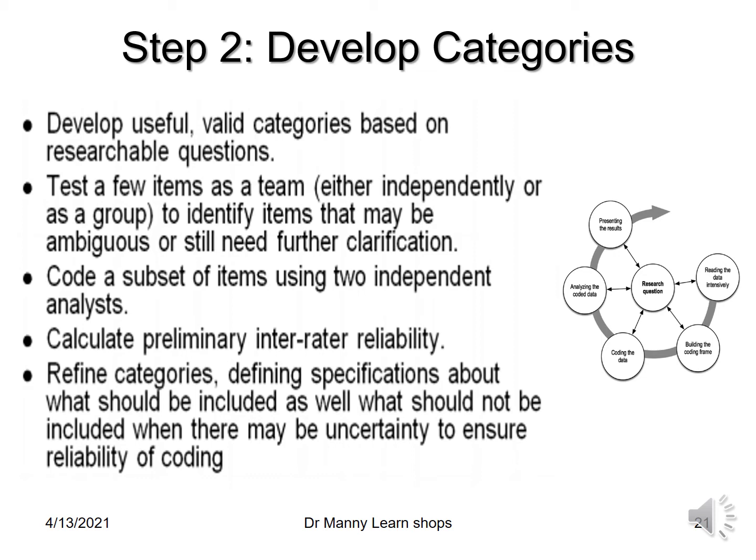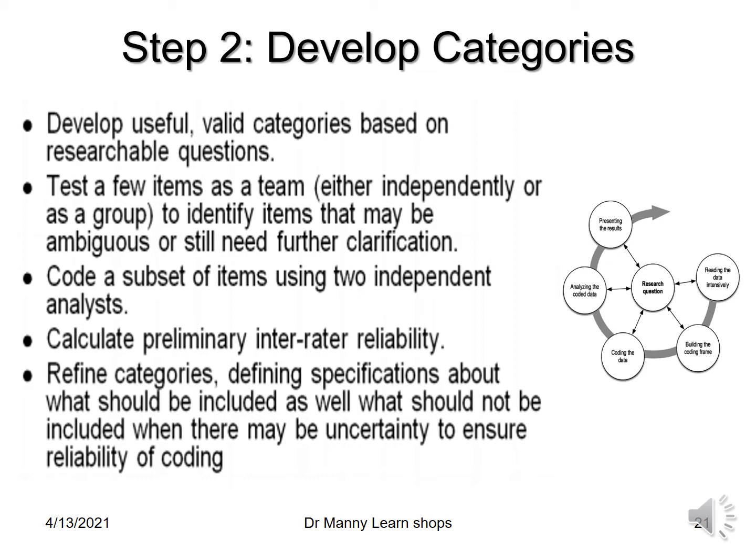Coding of the items requires 2 independent analysts, because again, this is related to reliability and validity, which is quantitative. And then a calculation is made about the preliminary inter-rater reliability, which means your 2 independent analysts.